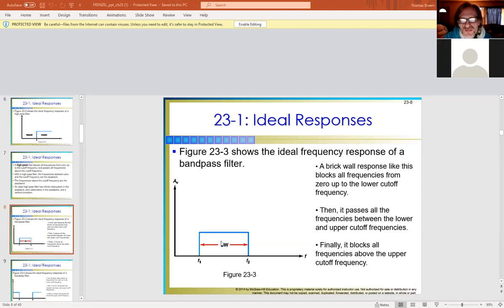Now here we have something they call a bandpass filter. If you notice the way the graph is, we set up 2 frequencies, and basically anything between those 2 frequencies is allowed, and anything under or over those frequencies would be rejected.